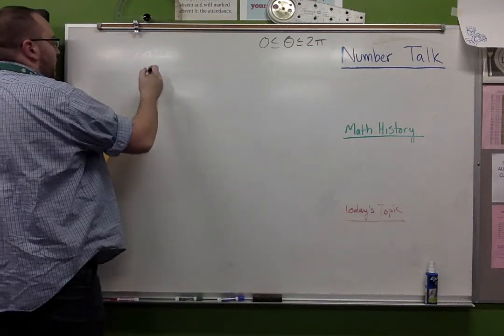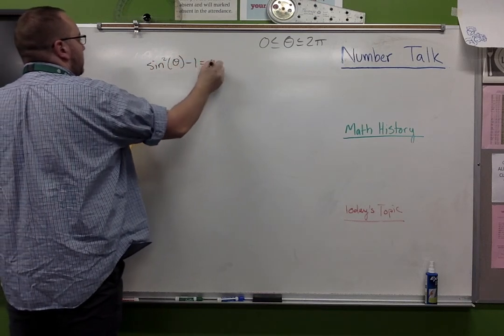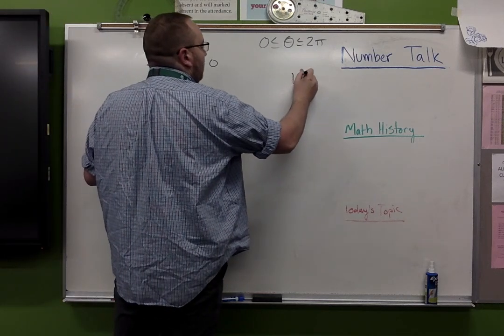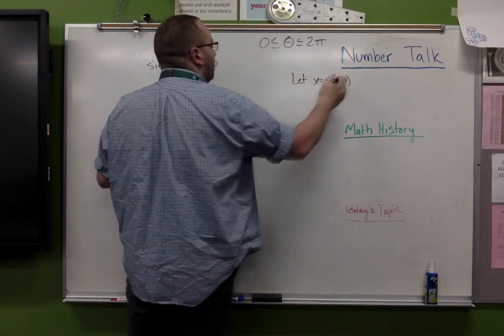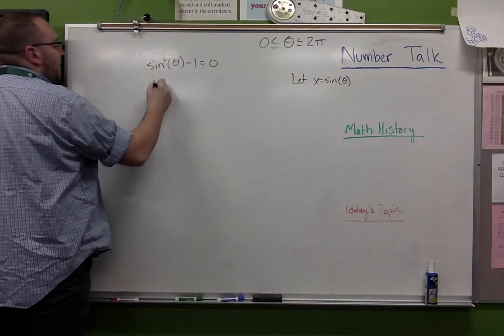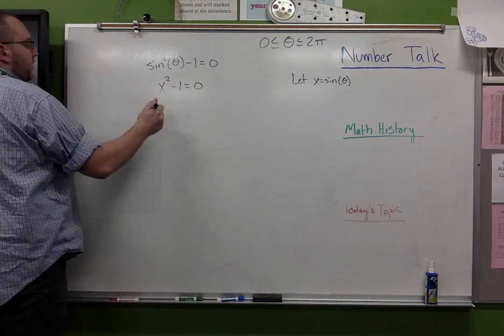Let's do this next one. Sine squared of theta minus 1 equals 0. So I'm going to say let x equal sine of theta. So instead of sine squared, I'm going to have x squared minus 1 equals 0. Add 1 to both sides.